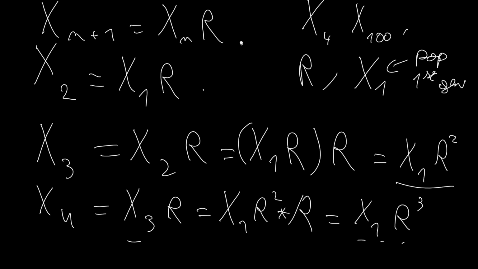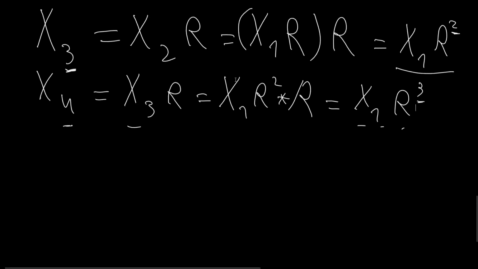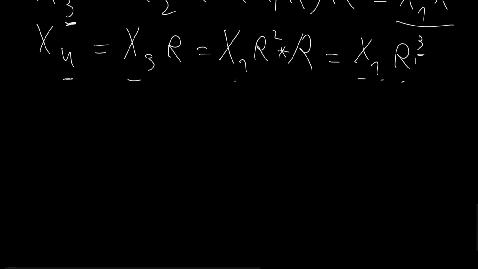Now we can already see a pattern from this. As you can see, in the case of x2, R is to the power 1. In the case of x3, R is to the power 2. In the case of x4, R is to the power 3. So you can already guess the pattern that would give us xn equals, oops, let me clean that off.